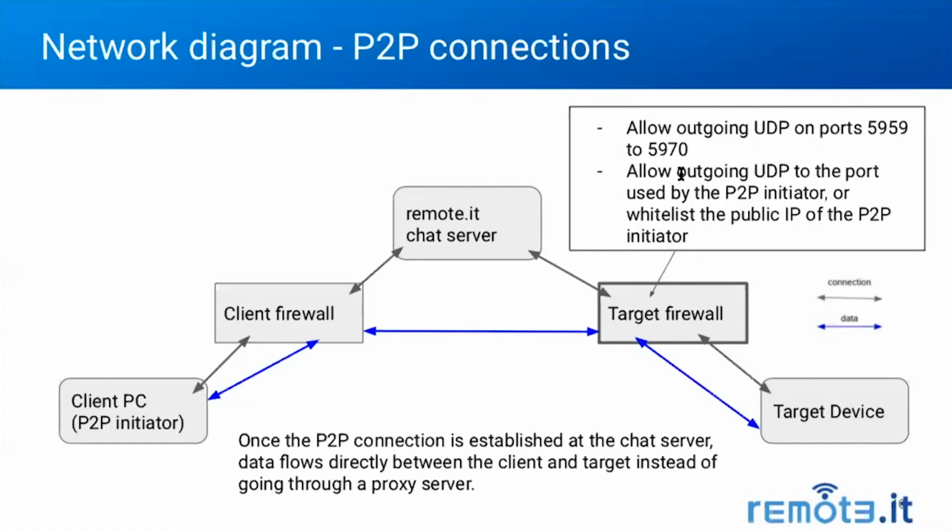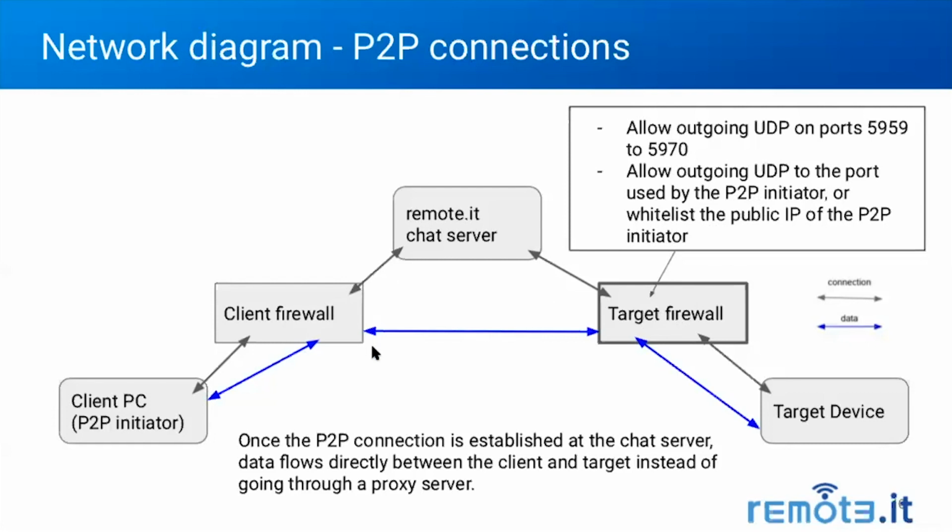You can allow outgoing UDP to the port or ports used by peer-to-peer initiators. So what this means is that when you set up your connections for peer-to-peer connections over here, you will know which ports they use or which range of ports, and you'll have to set that over here in the target firewall. The other possibility that you have is that you can whitelist the public IP of the peer-to-peer initiator.